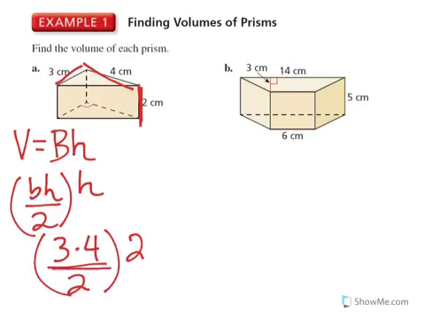And if we divide the 12 by 2, we get 6. And 6 times 2 is 12. So the volume of that prism is 12 centimeters cubed. Let me erase and we'll go try another one.